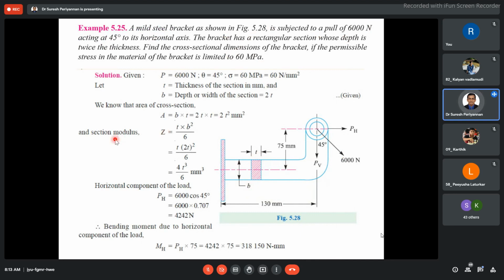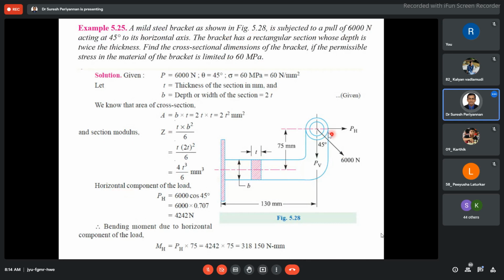The section modulus is b d cube by 12, the moment of inertia, divided by y, where y is d by 2, that is 2t by 2. You apply that concept, and you are going to get 4t cube divided by 6.